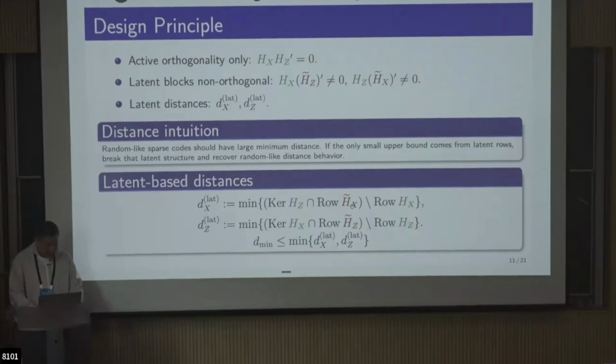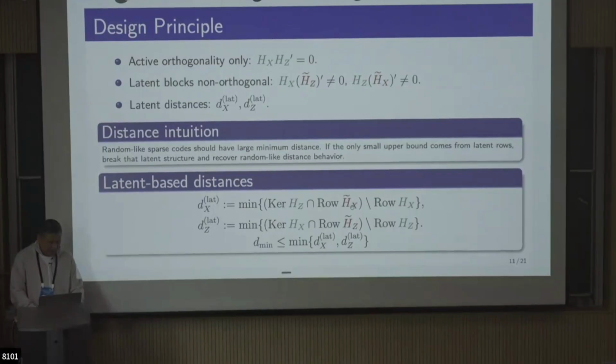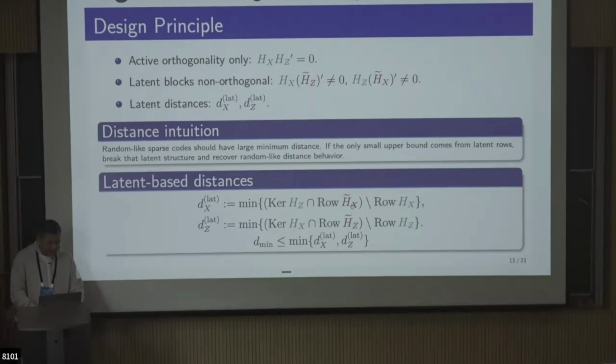The distance intuition is important here. A randomly constructed sparse code should have large minimum distance. This is from the lesson of randomly constructed classical LDPC codes. Therefore, if the only visible small upper bounds come from the latent rows, the main task is to break the latent upper bound structure. Once this latent structure is broken, the remaining code should look more like a random sparse code, so the minimum distance should become large again.